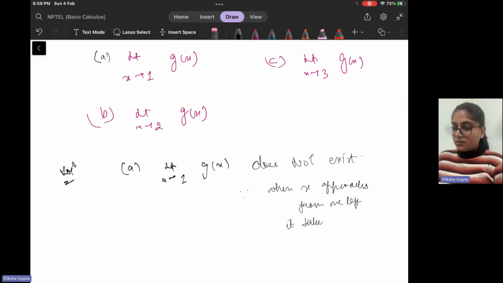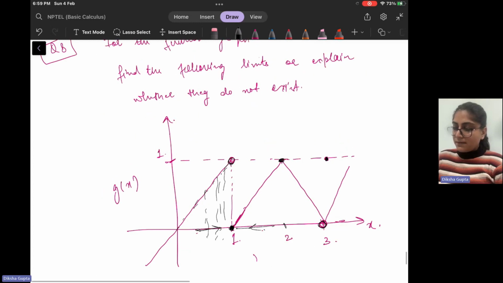So from the left, when x is going from all these points, g(x) can only approach 1. It cannot approach 0 at any cost. But when x is decreasing to 1 from the right, it will be taking all these values and will be approaching 0.